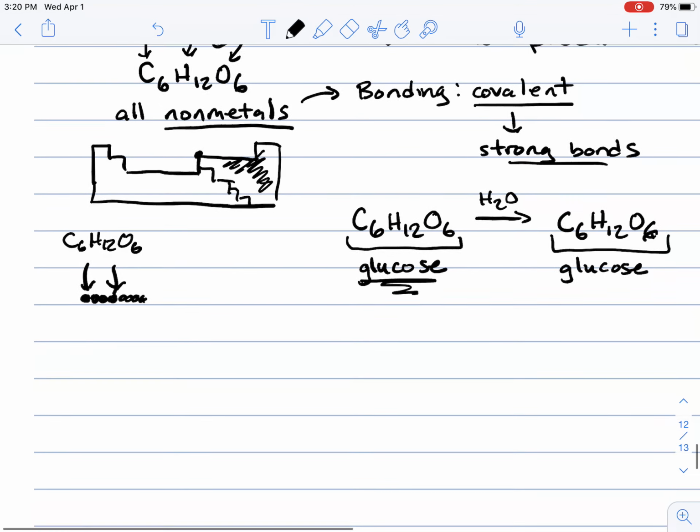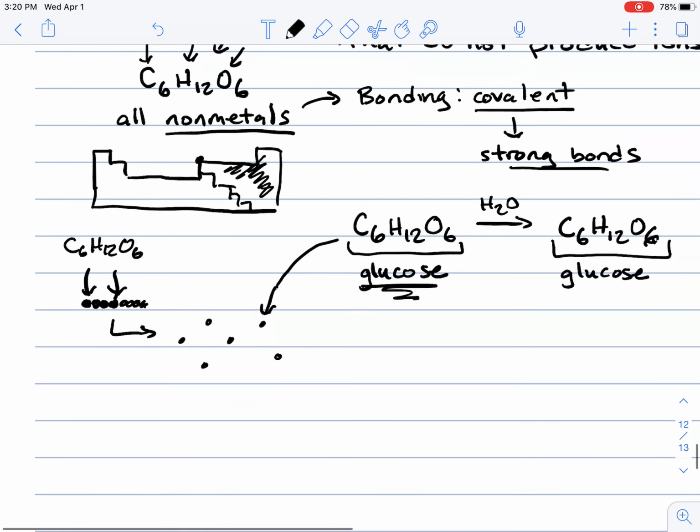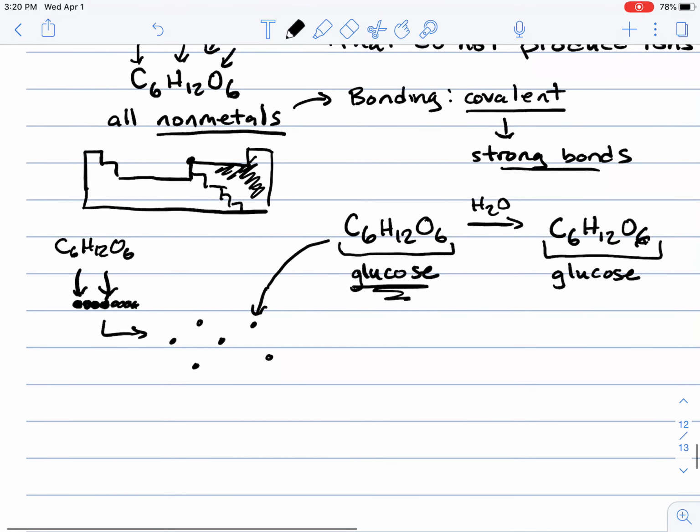When you put this in water, what happens is that you get a separation of the dots. But the identity of the dot is still C6H12O6. You didn't really destroy the chemical formula. You really didn't decompose it. It just separated from its glucose neighbor, if you will.